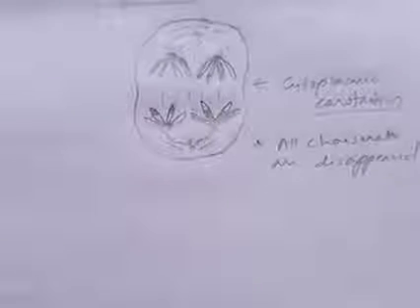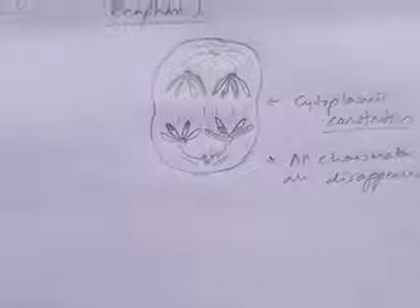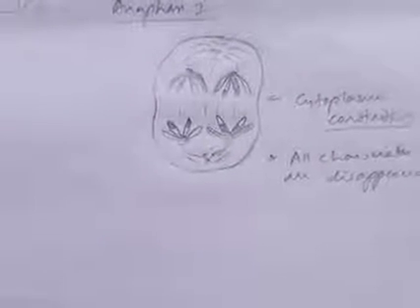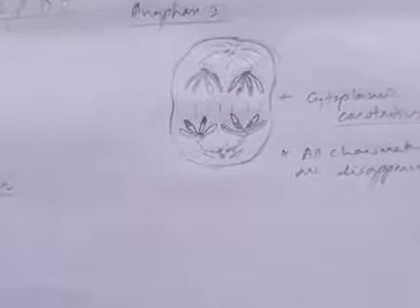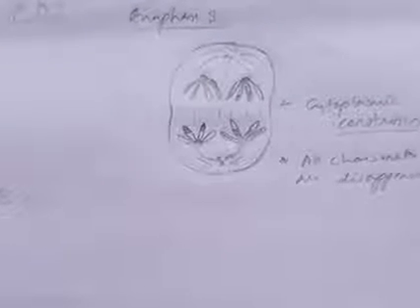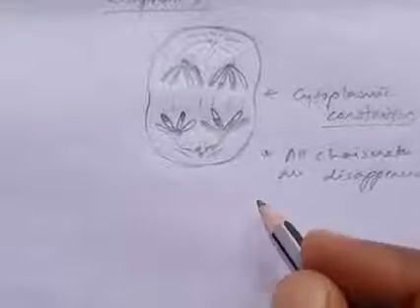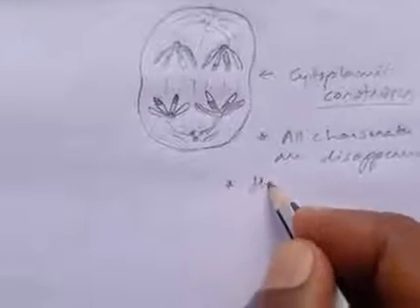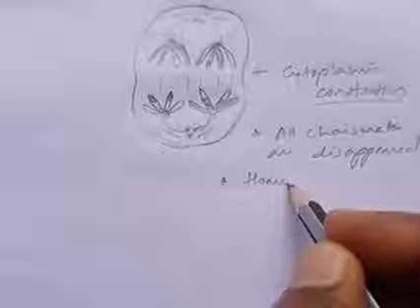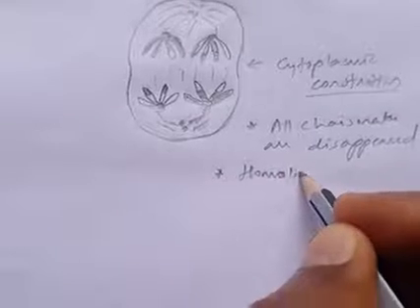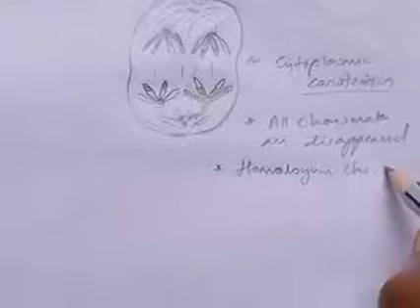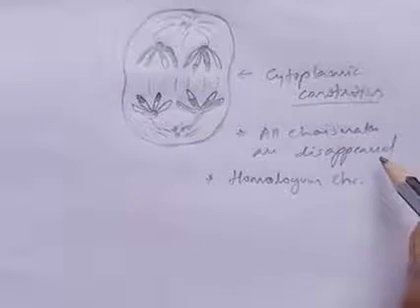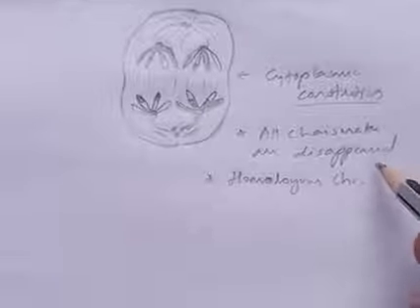So the homologous chromosomes separate and move towards opposite poles. Here, the next point you can add: homologous chromosomes actually move towards the opposite poles.